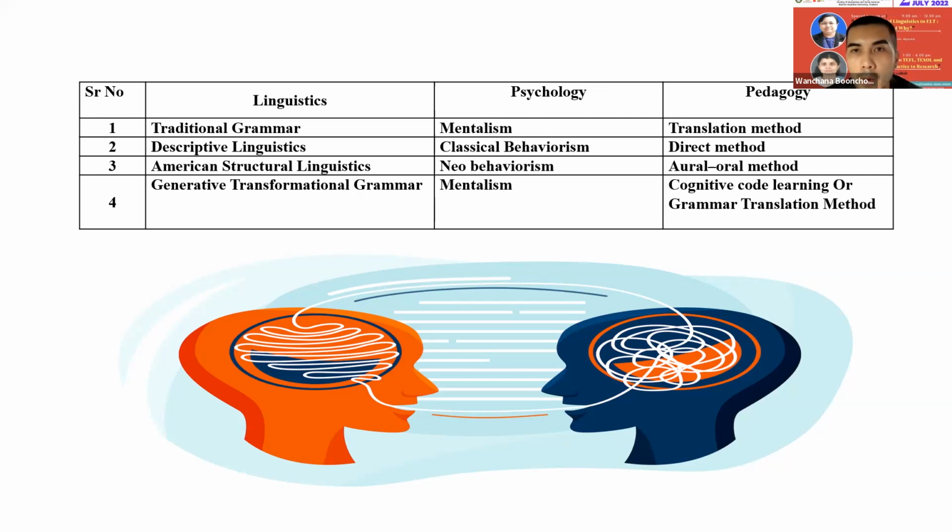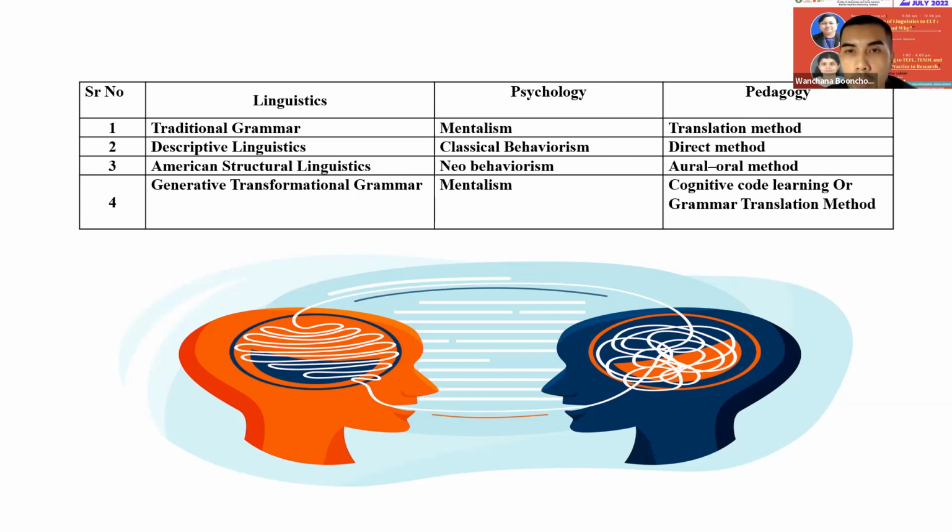For number three, oral method, that means the students have to practice the skill. It contrasts with number one, translation traditional grammar, because students have to listen to the teacher.